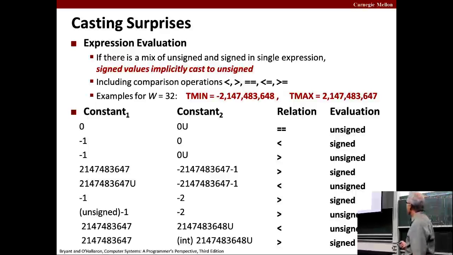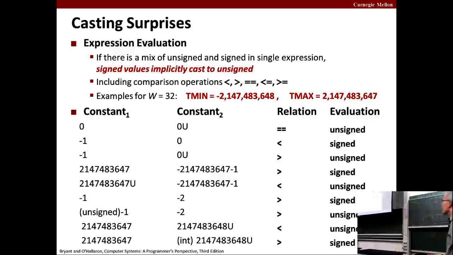The next one is the same pair of numbers, but you see it's flipped. And the reason is that this number on the left is T max, so it's the bit pattern in a 32-bit number.